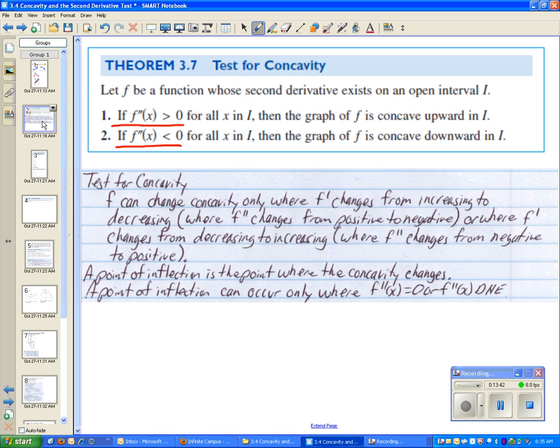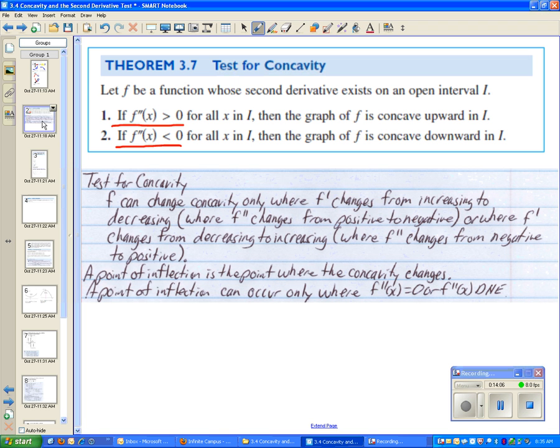Now, for this to happen, so we're working on intervals again. So the concavity can't change unless the derivative changes from increasing to decreasing or vice versa. The derivative can't change from increasing to decreasing or vice versa unless the second derivative equals 0 or does not exist.